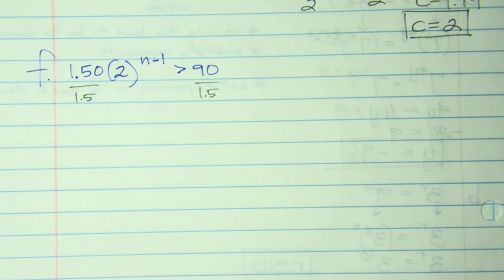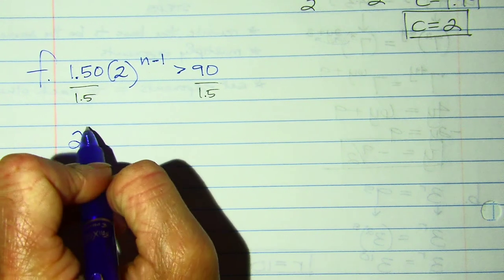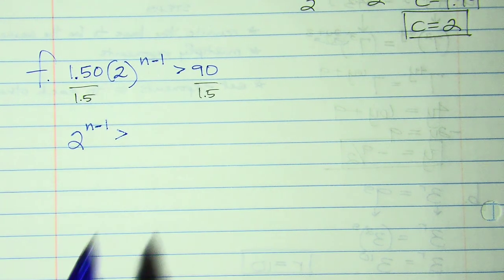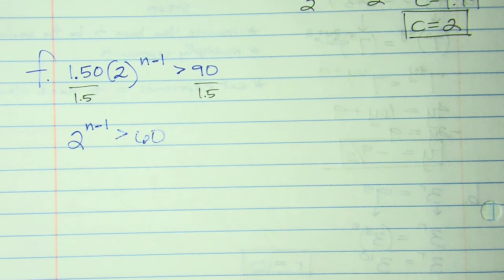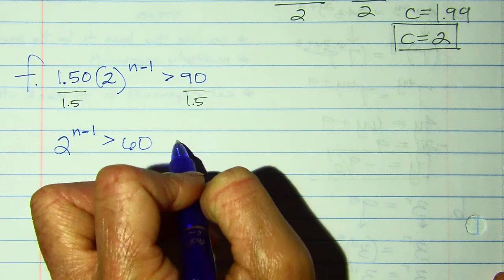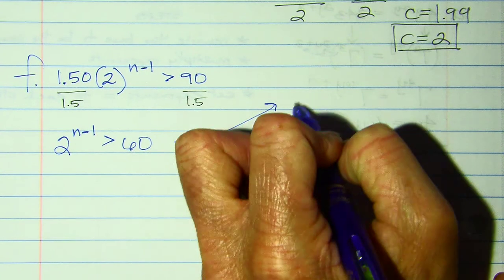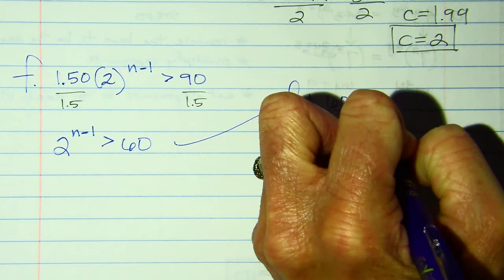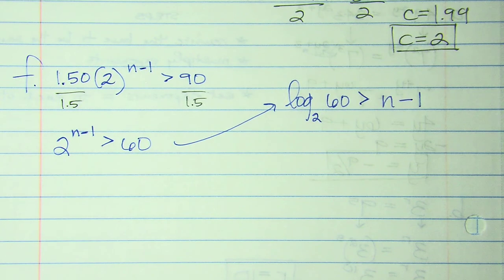So that gives me 2 to the n minus 1 is greater than 90 divided by 1.5, which is 60. I'm going to write this as a log. So this is log base 2 of 60 is greater than n minus 1.